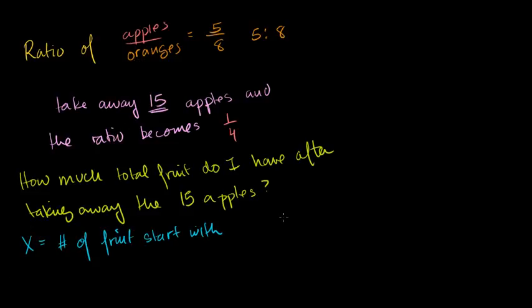So x minus 15. We take away 15 apples. x minus 15 is equal to the number of fruit we end up with. We know these two things are true.